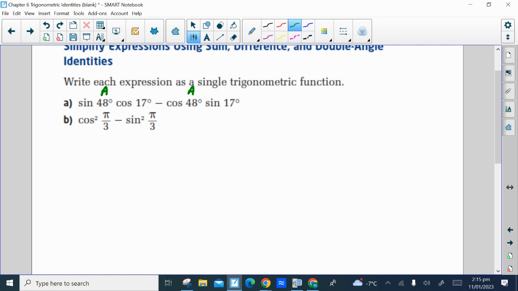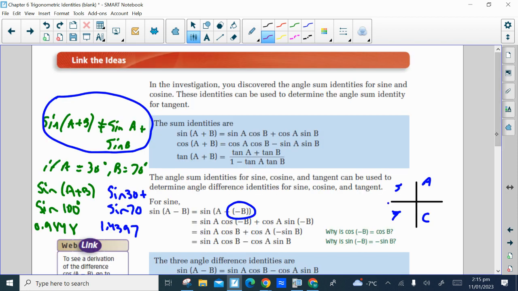So if we say that 48 degrees is the same thing as A, and 17 degrees is the same thing as B, then this is sine A cos B minus cos A sine B.